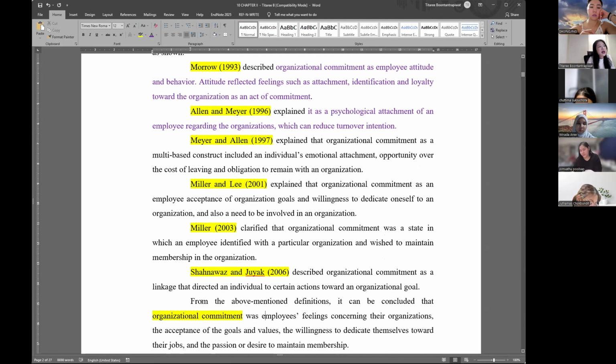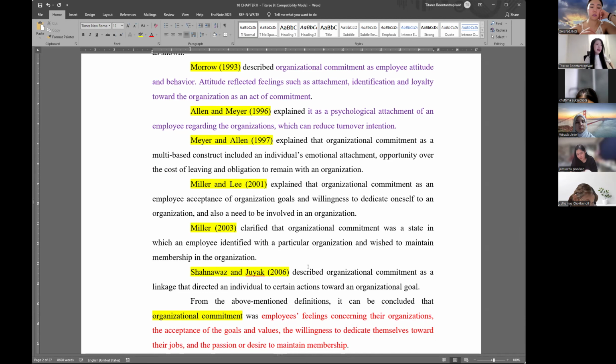So at the end, I would say, from the above-mentioned definitions, it can be concluded that this word, organizational commitment, means this thing. So this is how you come up with the meaning, especially for technical words. That's how you come up with it.